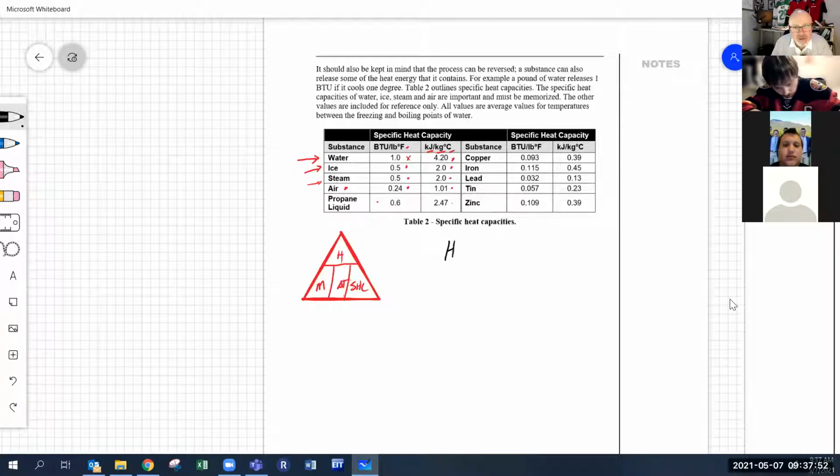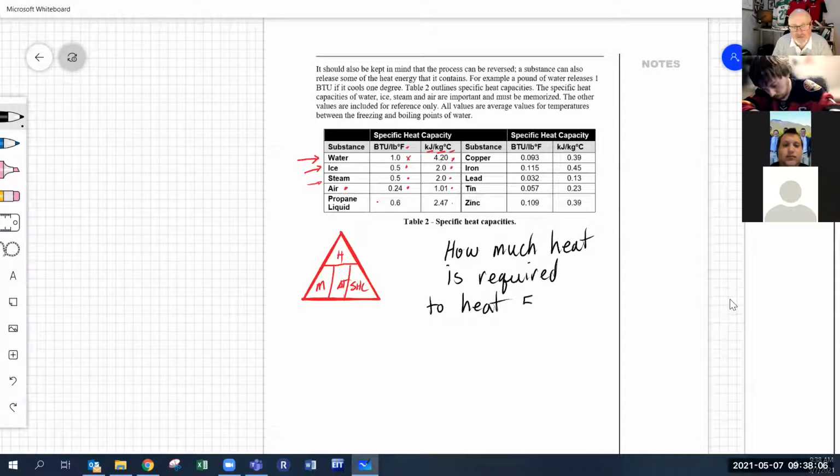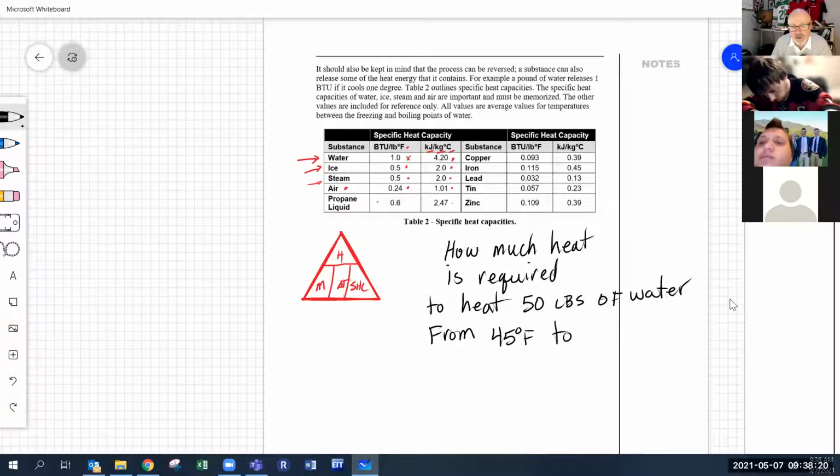How much heat is required to heat 50 pounds of water from 45 degrees Fahrenheit to 140 degrees Fahrenheit?